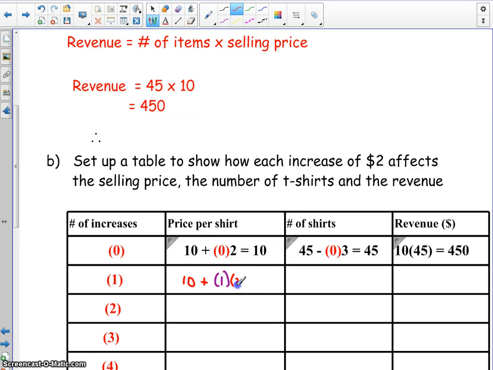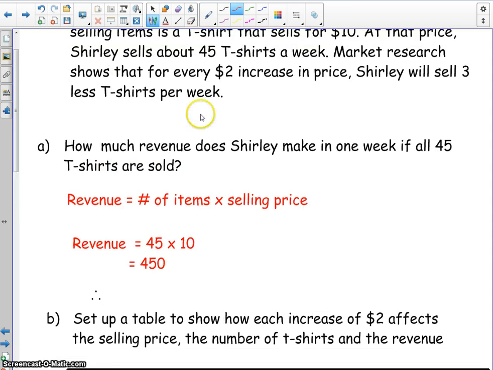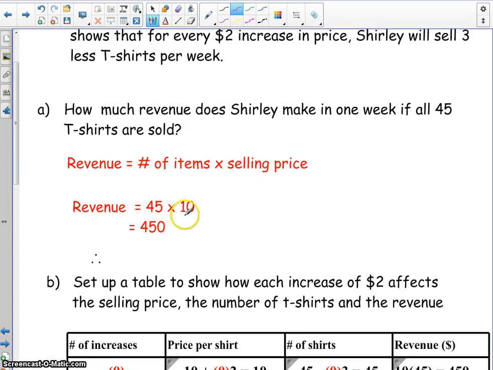Okay, so you can probably think to yourself, if she's increasing the price once by $2, those are now selling for $12. So now her new price is $12. Well, how many shirts does she sell now? We were told again that every time she increases the price, she sells 3 fewer shirts.